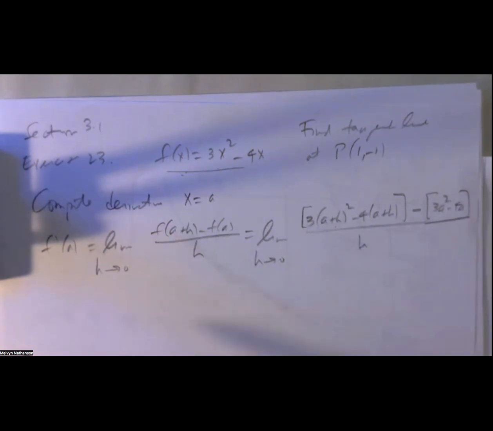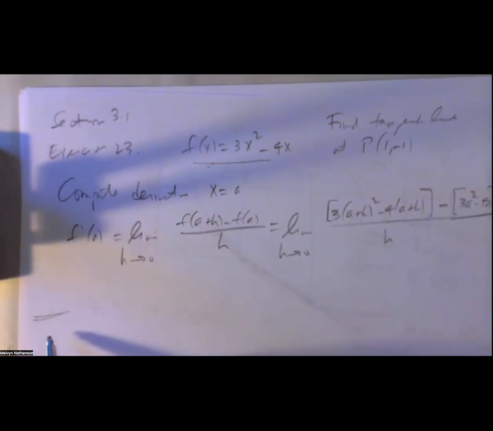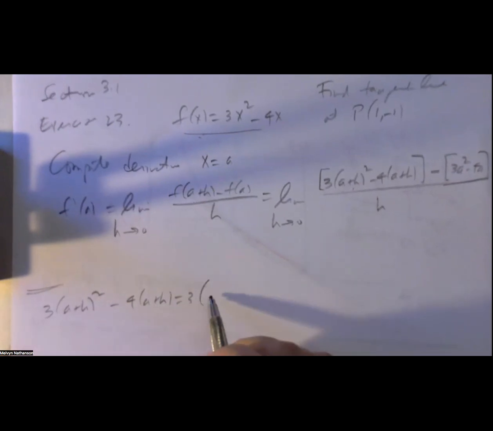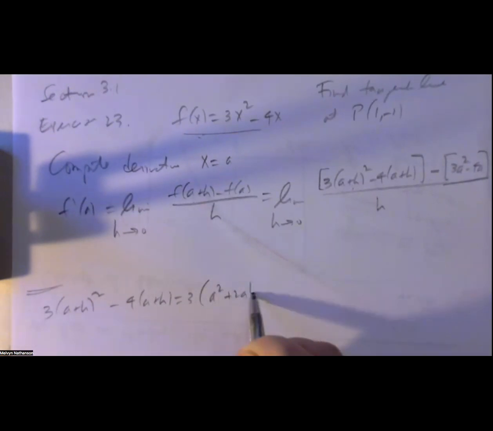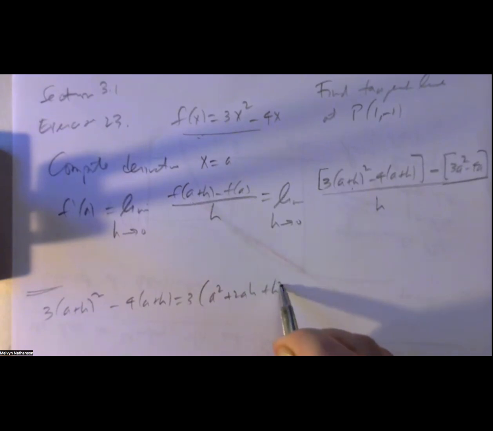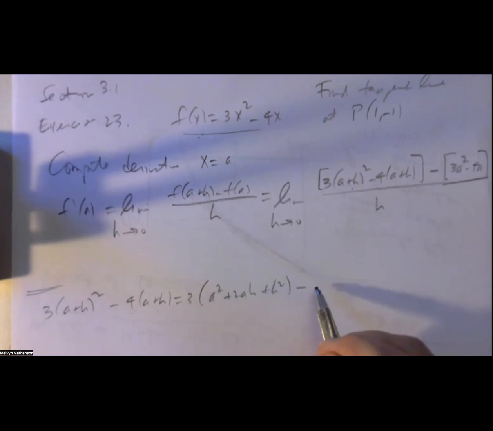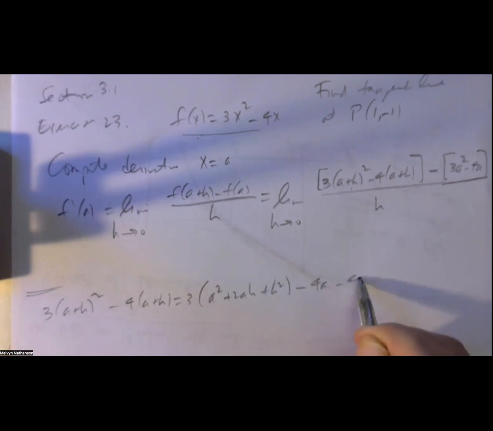Let's look at this numerator. Let me just calculate this separately. What is 3(a plus h) squared minus 4(a plus h)? So (a plus h) squared is a squared plus 2ah plus h squared, minus 4a minus 4h.